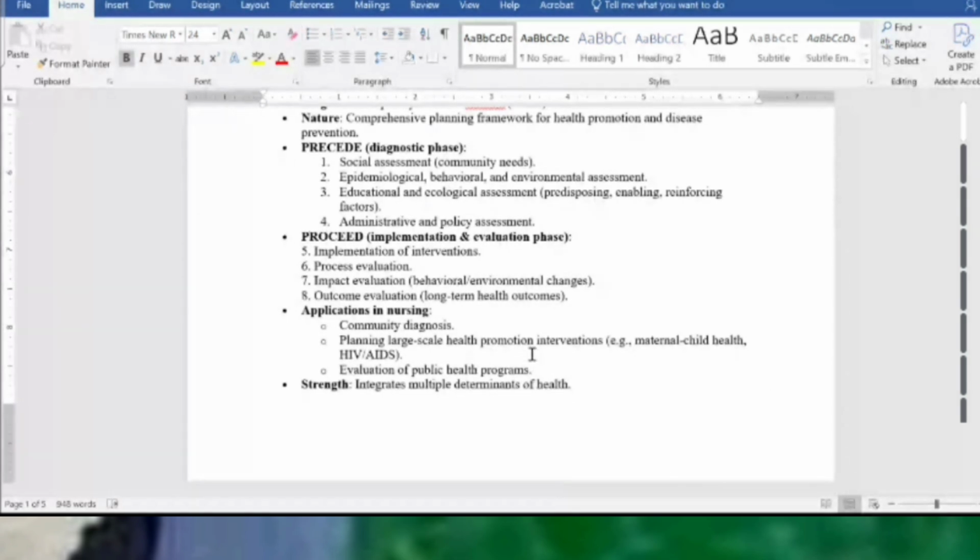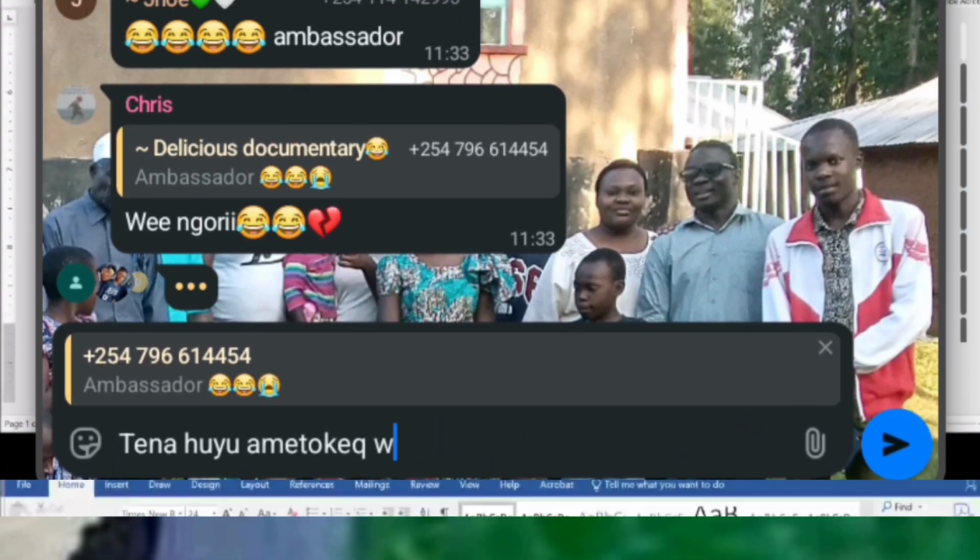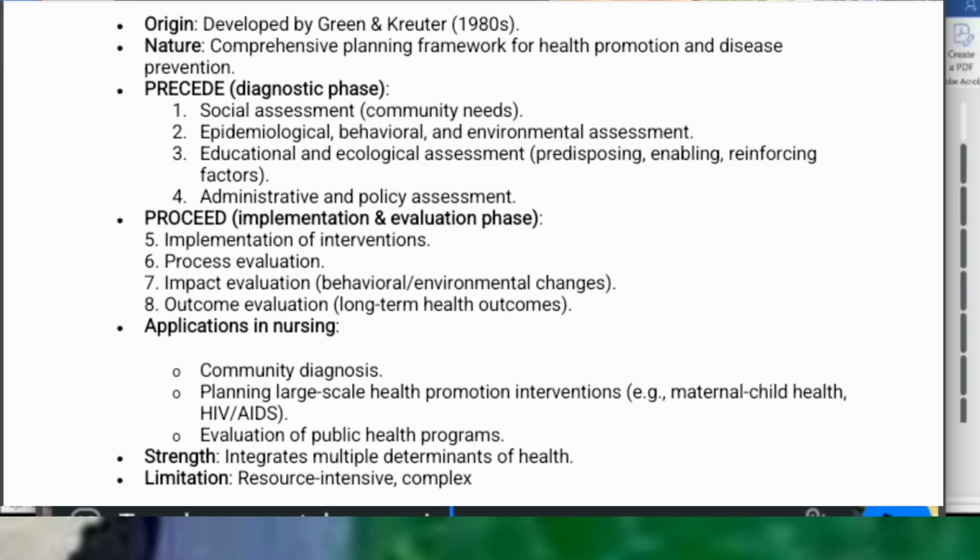Another place where we can apply the PROCEED model is planning large-scale health promotion interventions like maternal child health and HIV. We can also employ this model in the evaluation of public health programs.